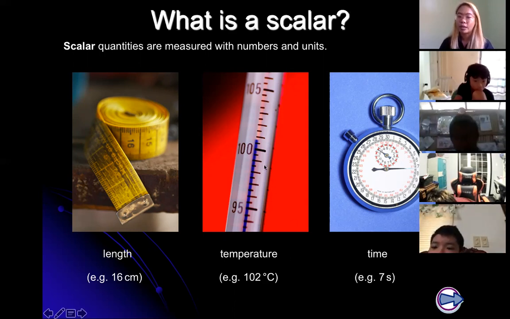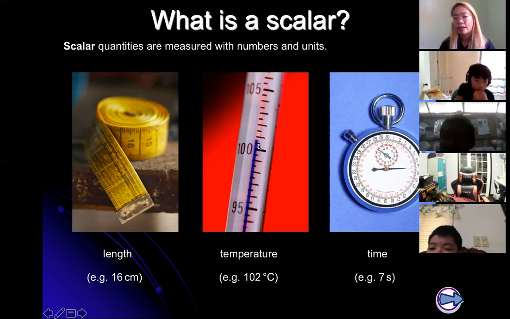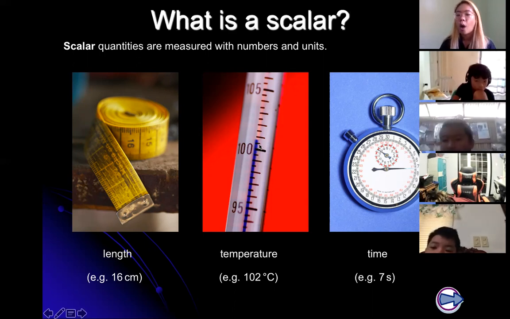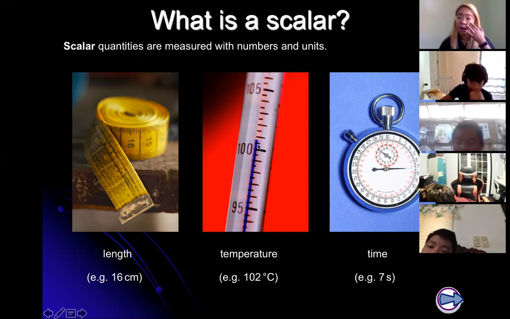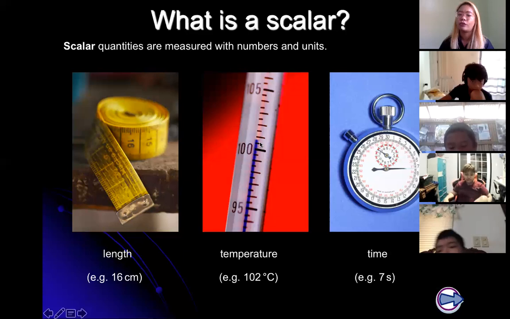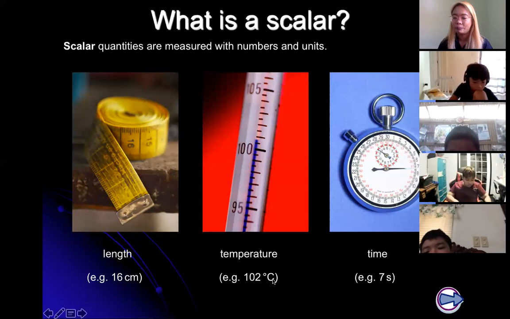For example here, the measurement is around 101.5 degrees centigrade, or rounded off to 102 degrees centigrade. In other countries, they use different units of measurement. But as you can see, there is a number here and there is a unit of measurement. So this is another example of a scalar quantity.